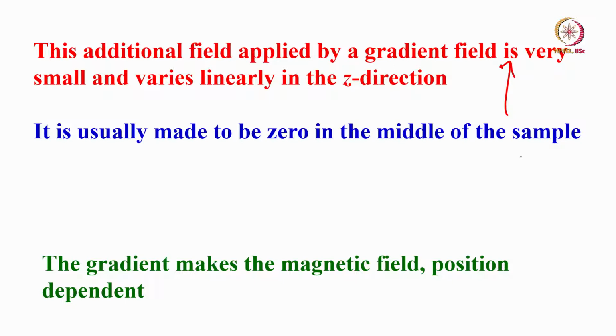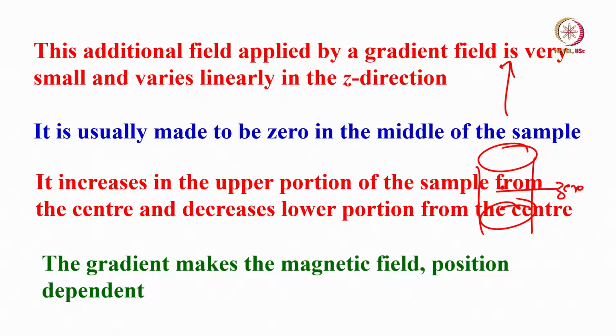Now, how do we design this coil? It is like this, a crude drawing I am making. See, it is made so that the field generated by this coil is 0 at the center, and then it increases in the upper portion of this coil. From the center, if you go up, the field increases linearly. If you come down from the center of this coil, the field decreases linearly.